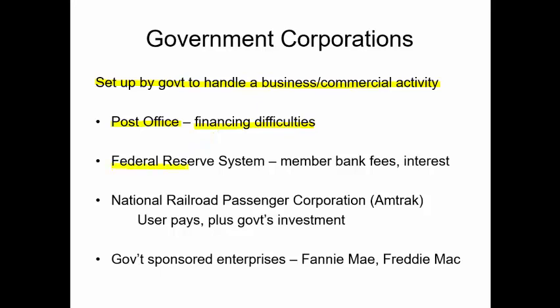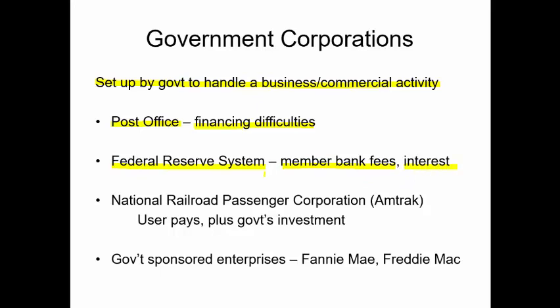The Federal Reserve System, we've talked about that just briefly. The central bank is able to finance itself because all of the banks that are members of the national banking system, the Federal Reserve System, are paying fees, and they also can charge interest on their loans to the member banks.